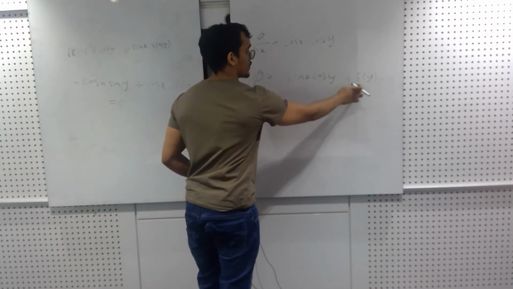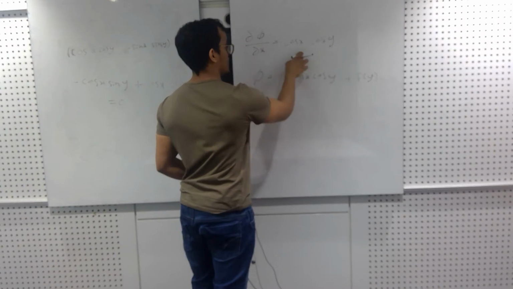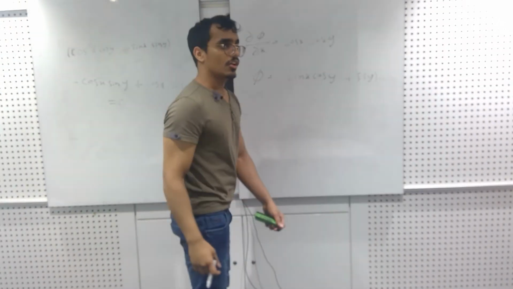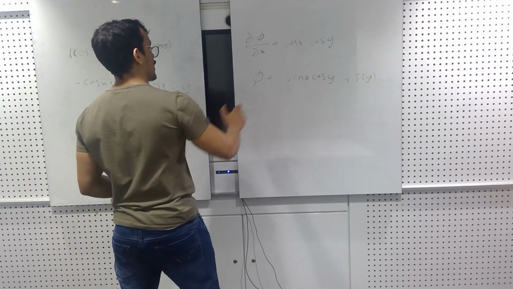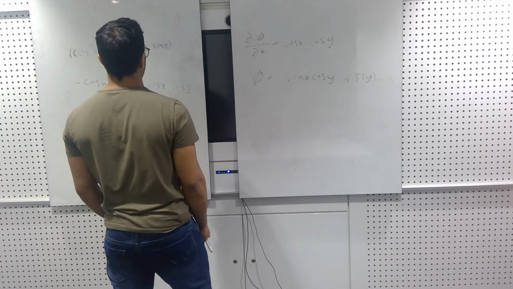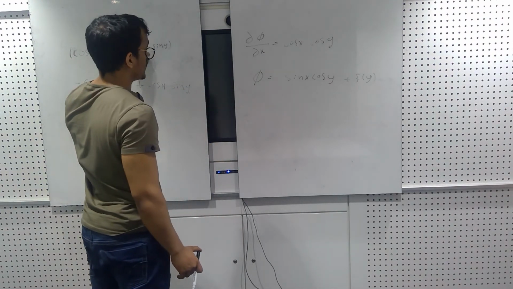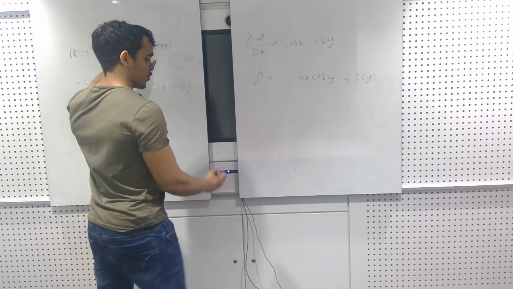Because a function in terms of y, once you differentiate it with respect to x, will give us back zero, since it does not depend on x, and the sine will give the derivative as cosine.